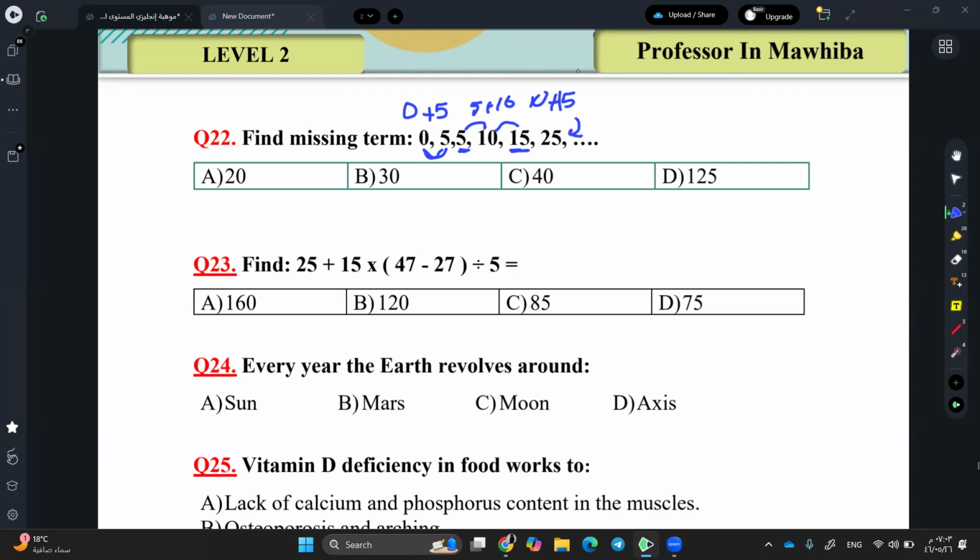Excellent. So here you have 25 and 15. So what is the answer? You have 15 plus 25, right? So what's the answer? 30, and then you're going to add 10 here. 40. So it's going to be 40. Excellent. C. Excellent.